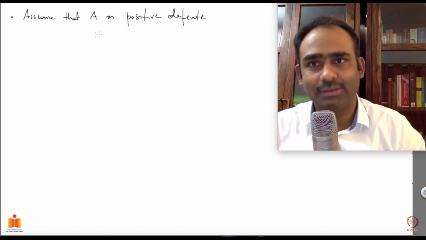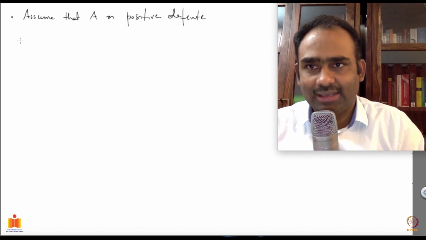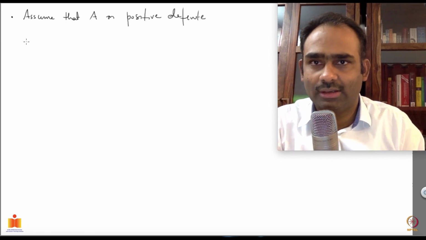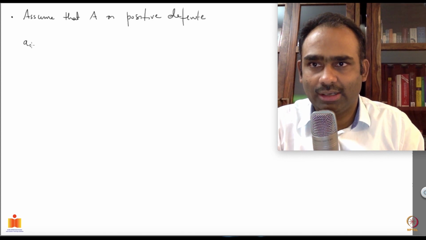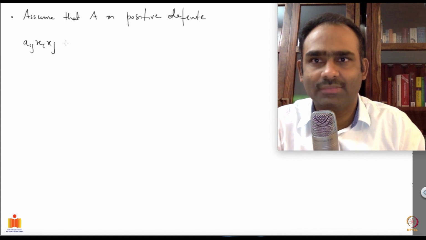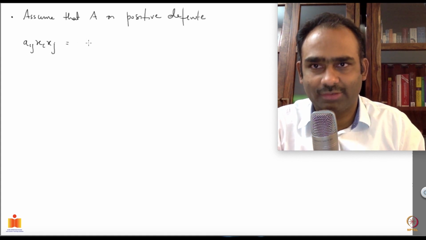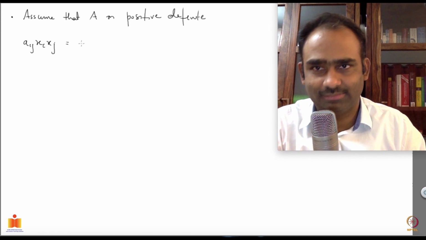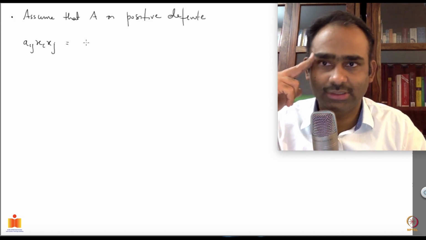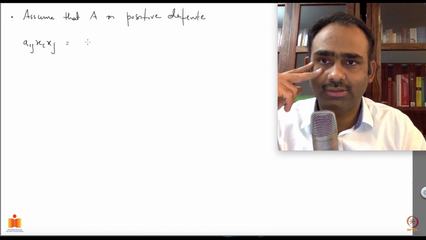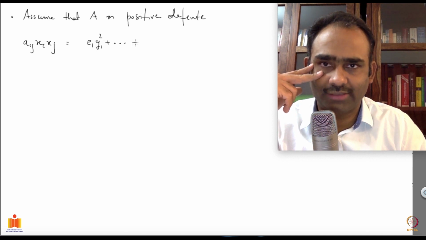So if I do so, as I have already said, I can always put Aij xi xj, with the Einstein summation convention implied, into the following form: e1 y1 square plus and so on up to en yn square. That's what we have just now shown.